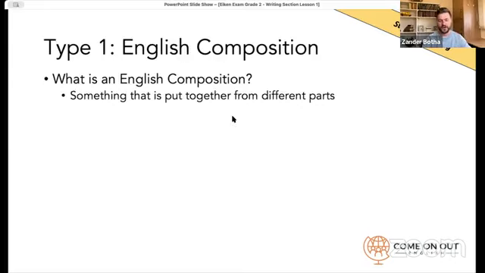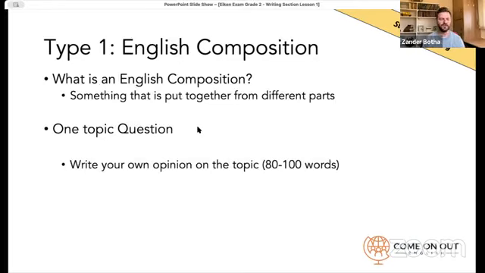Now, what are some of the details for that composition that you have to keep in mind? You will get one topical question, all right? You will then also need to write your own opinion on the topic. So they will give you a specific topic, generally 1 or 2 sentences, and they want you to give your own opinion by writing an English composition, and you need to use between 80 and 100 words in total.